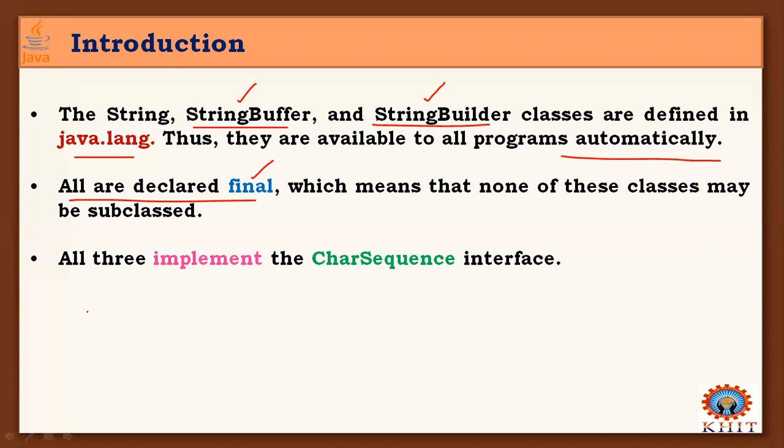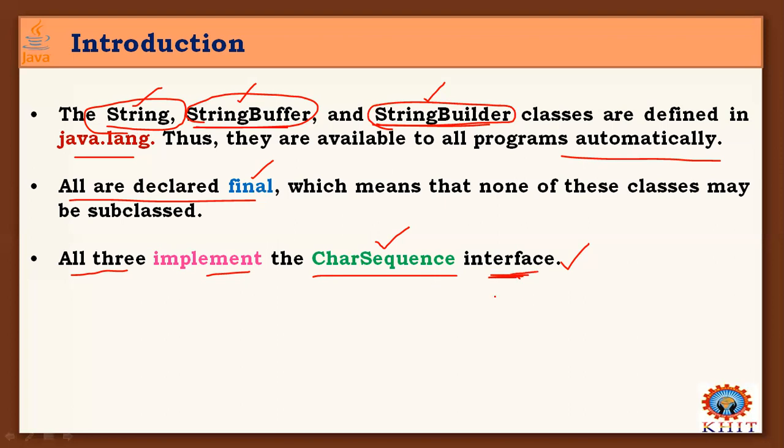Next one, however, all three implement the CharSequence interface. What are the three? String class, StringBuffer, and StringBuilder. So all these three classes implement that CharSequence interface, and we'll see this in the next topic.